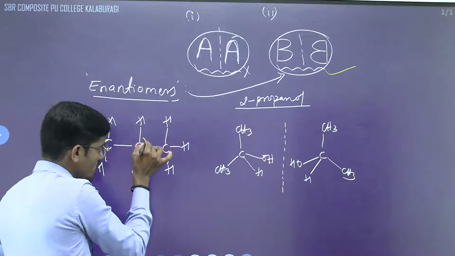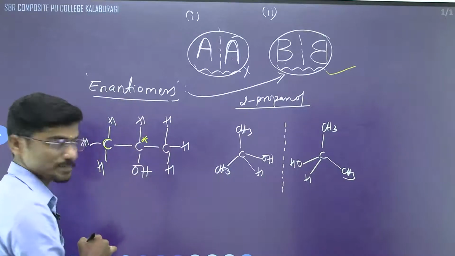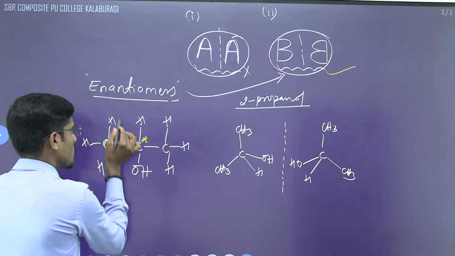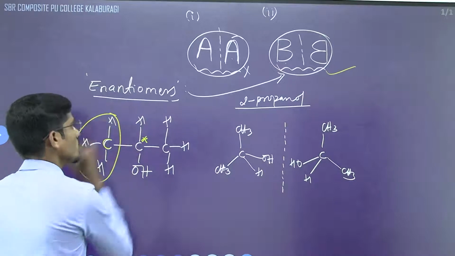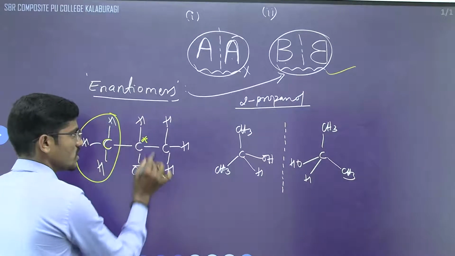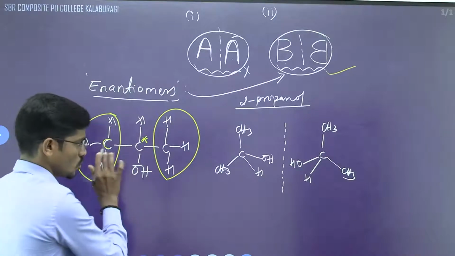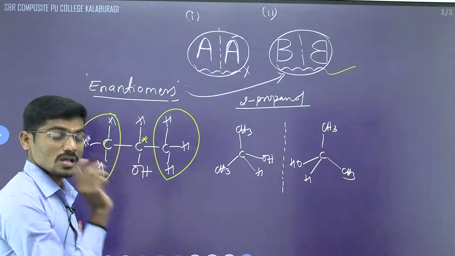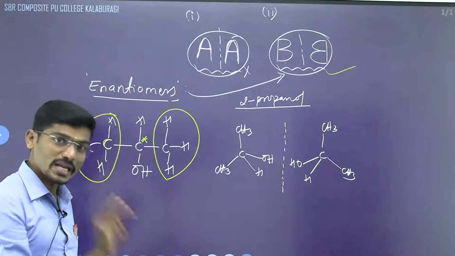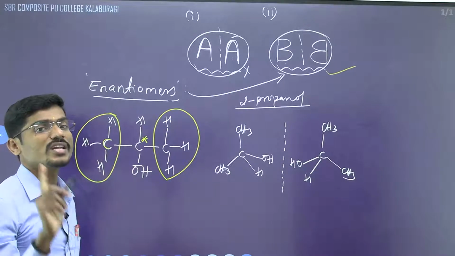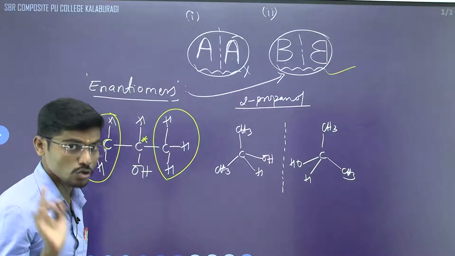But this carbon contains one CH3 group and another CH3 group. Same groups are there, so we cannot say it is a stereo center because two groups are the same. The carbon is said to be a chiral carbon atom only if it contains 4 different groups.